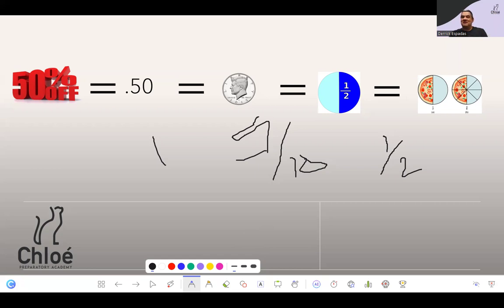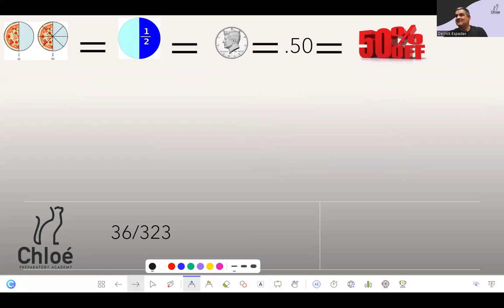And so when something bigger comes along, for example, like that, 36 over 323, we can still do the same process. How do I convert 36 divided by 323 to a decimal? Well, the fraction already says it. I'm using a calculator.